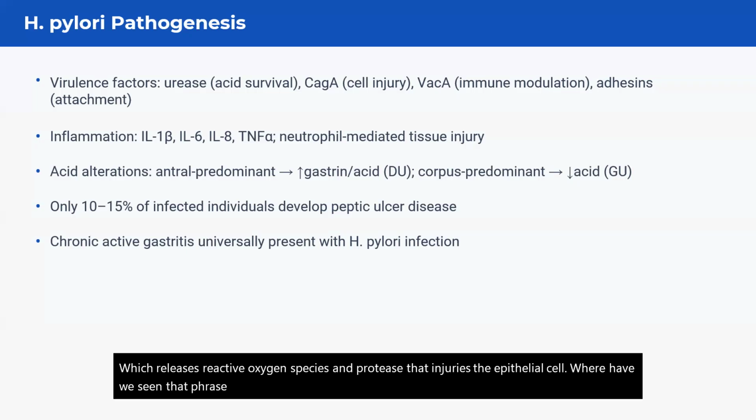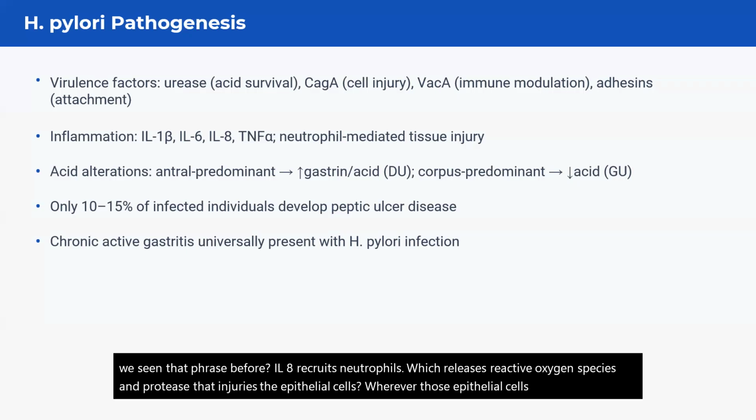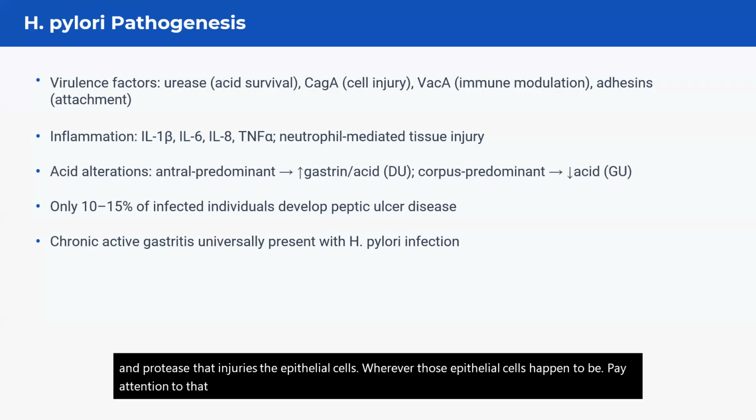IL-8 recruits neutrophils, which release reactive oxygen species and protease that injure the epithelial cells, wherever those epithelial cells happen to be. Pay attention to that line. So think to yourself, where else might there be epithelial cells?